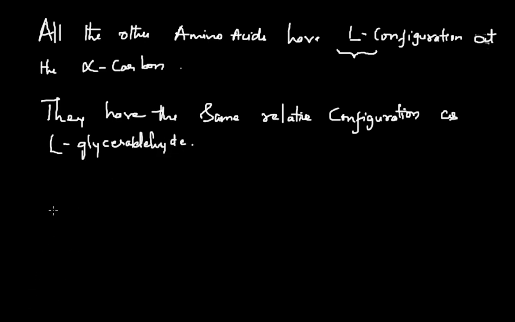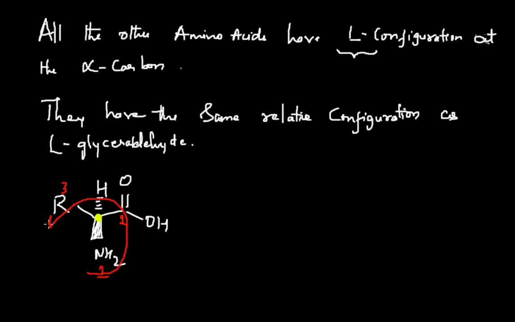How is that? Let us see. Let R be any side chain, with hydrogen at the back. If this is your chiral carbon, I can number the groups 1, 2 and 3, and since they go anticlockwise, it is an S alpha amino acid.